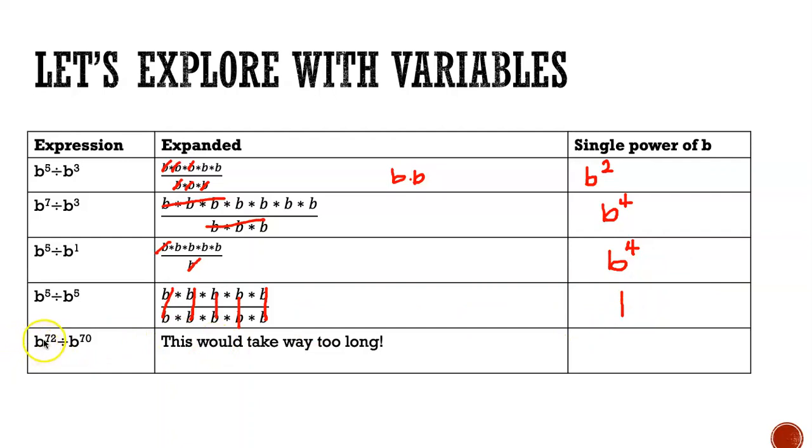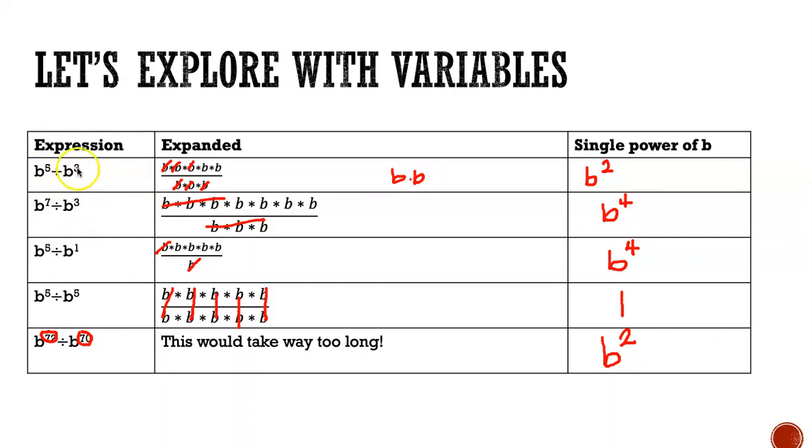And again, B to the 72nd divided by B to the 70th. So 70 of these B's will divide into 70 of those, and you're going to have 2 left. At this point, I'm hoping you're starting to see a pattern of what's happening.